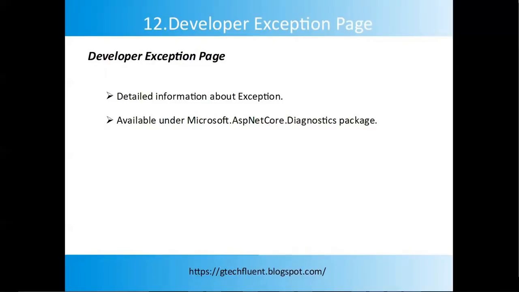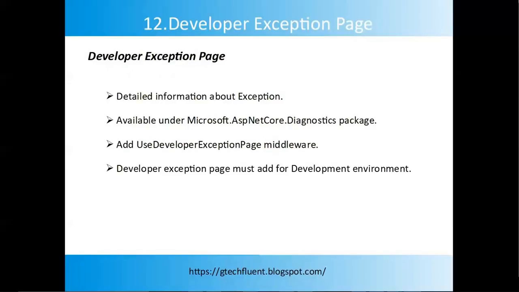To configure it, we need to add the UseDeveloperExceptionPage middleware into the request pipeline. We should enable it only when the application is running under the development environment, because we don't want to share detailed exception information publicly when apps run under the production environment.